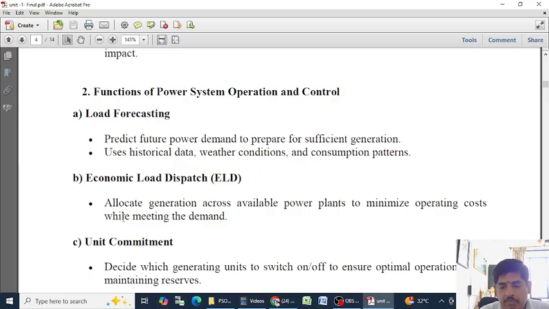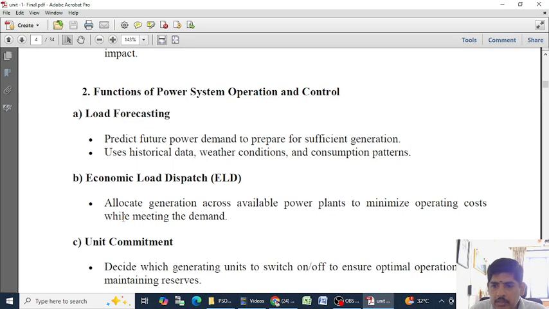So after 5 years, how the demand has increased, and based on that increase, how we have to generate the power. After 10 years or 20 years, load forecasting has to be classified into different types: short-term, medium-term, and long-term load forecasting.